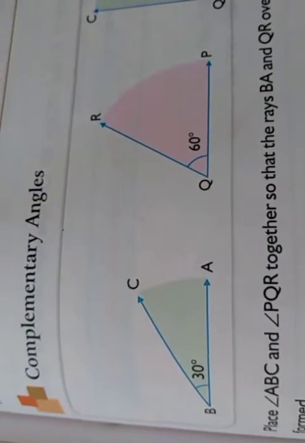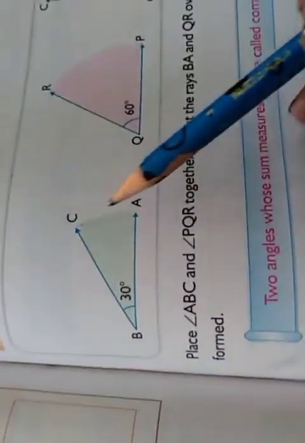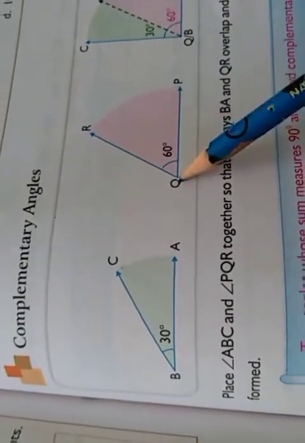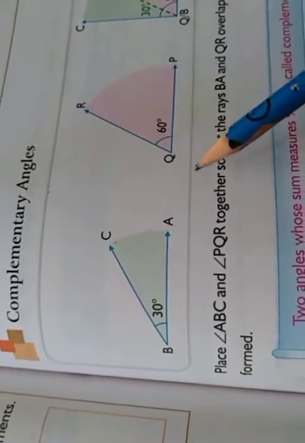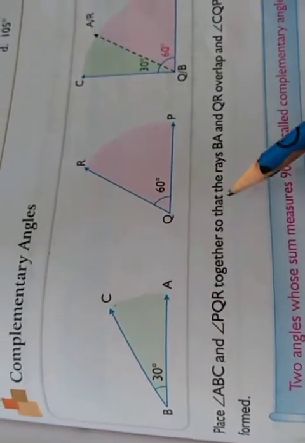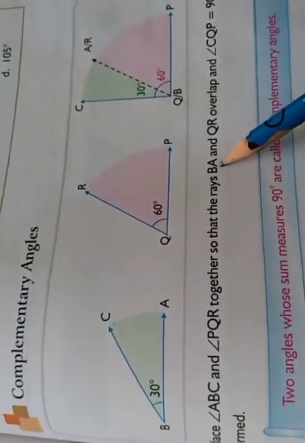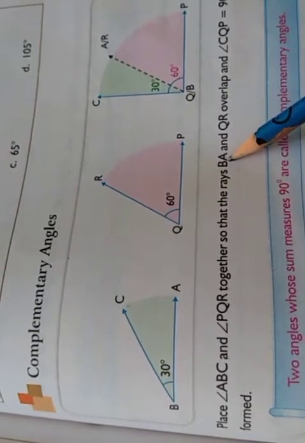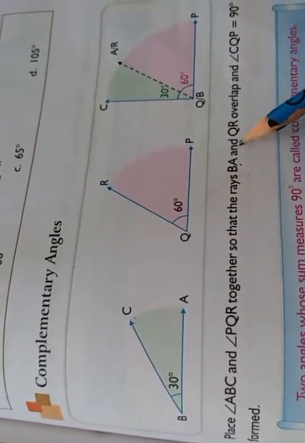Okay, here when we place angle ABC and PQR together so that the ray BA and QR, this angle was of how much measure?